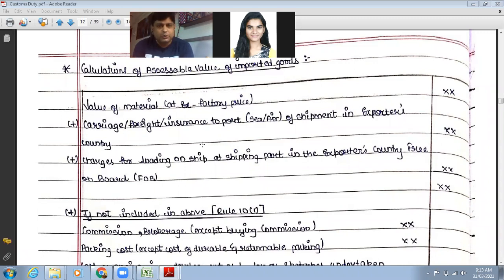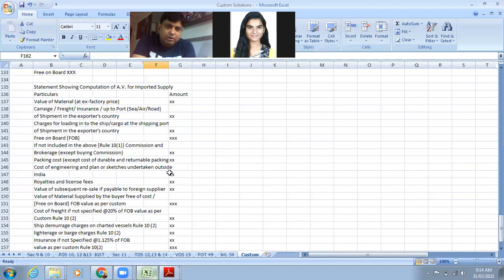Even road transport will remain the same. Suppose something is imported from Pakistan or from China, then from the factory till the border area from where we get those goods from the other country. That's why in the Excel sheet, I have taken road transport also.